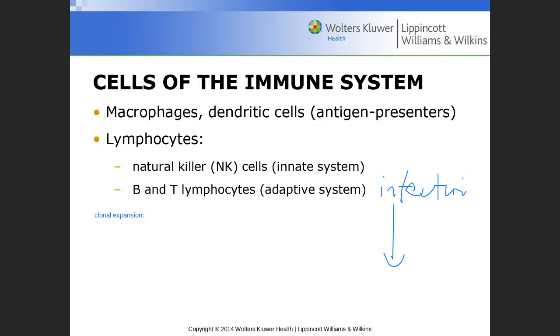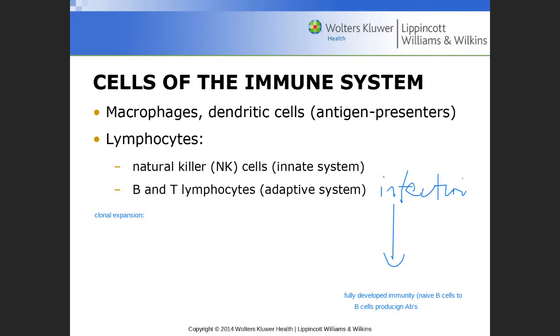Now, let's say, for example, naive B cells to B cells producing antibody.